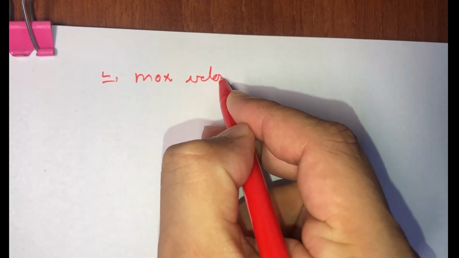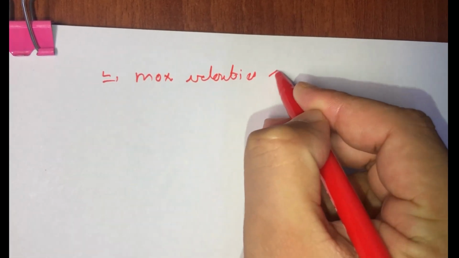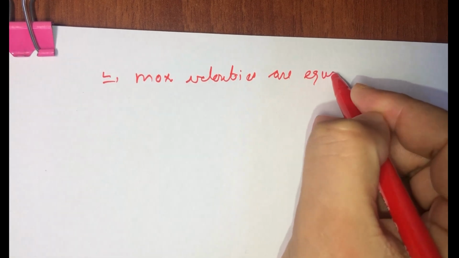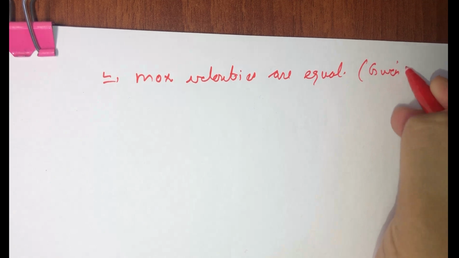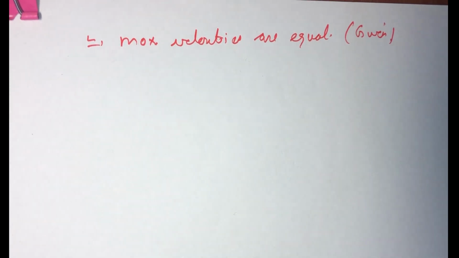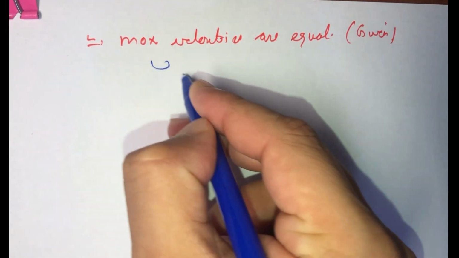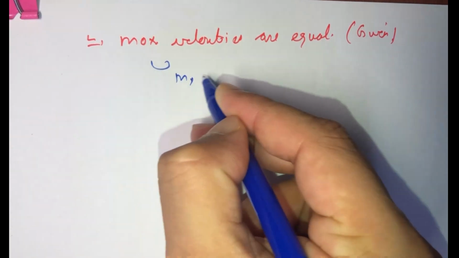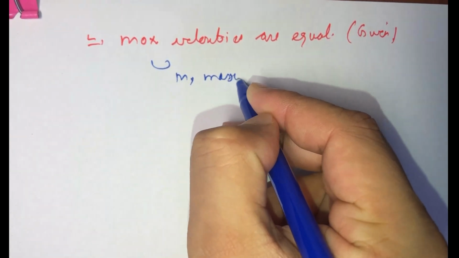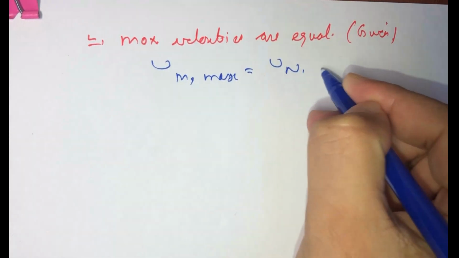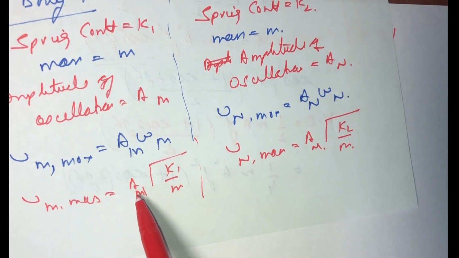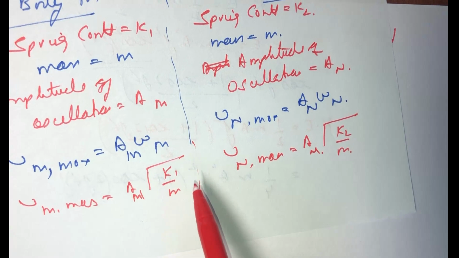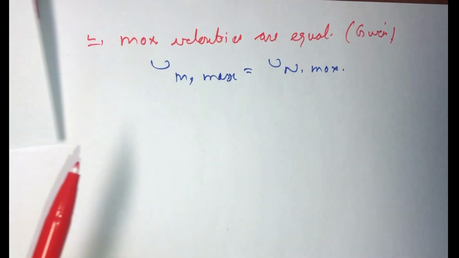Therefore, we can write that Vm max is equal to Vn max, substituting value of Vm max and Vn max in terms of their spring constant and mass.